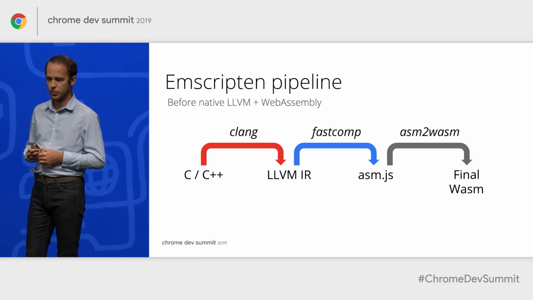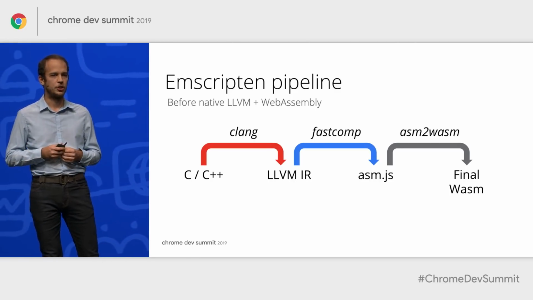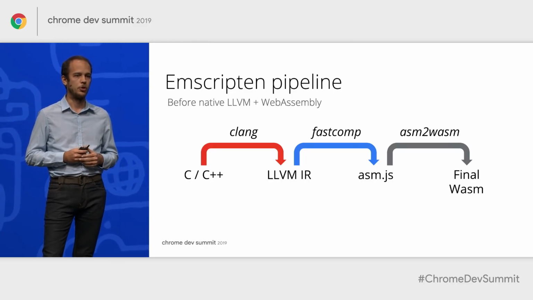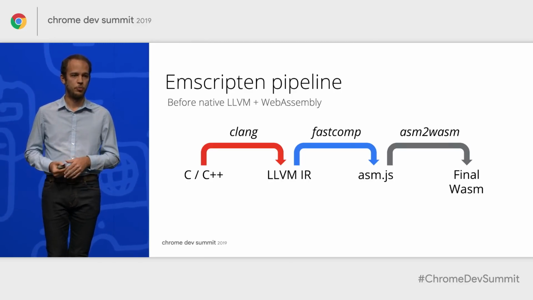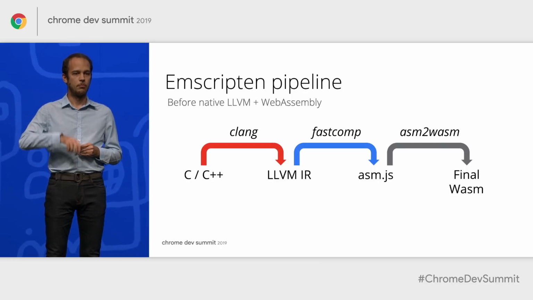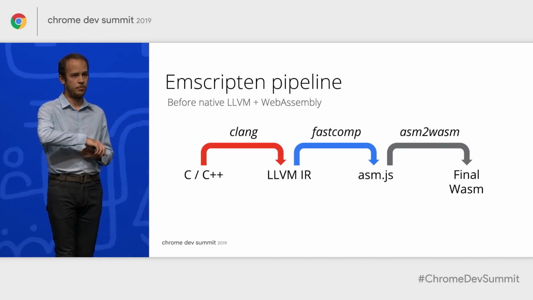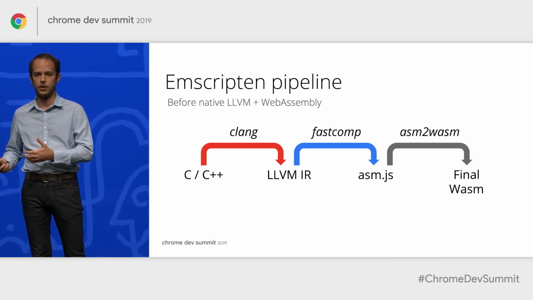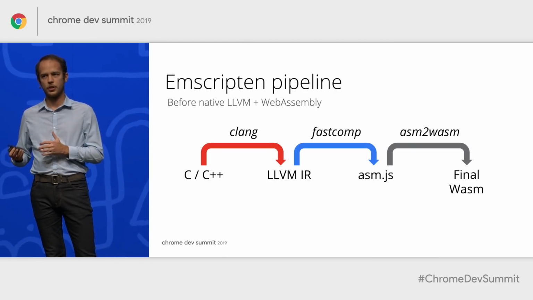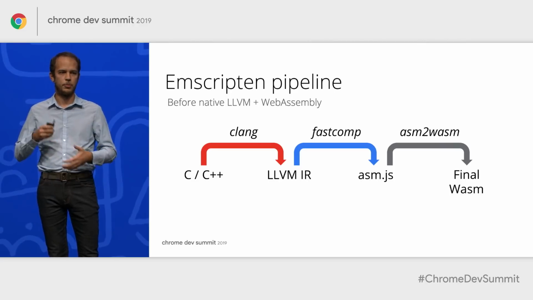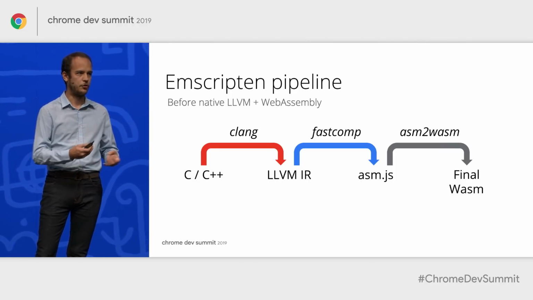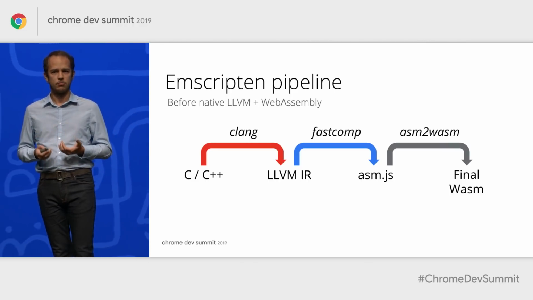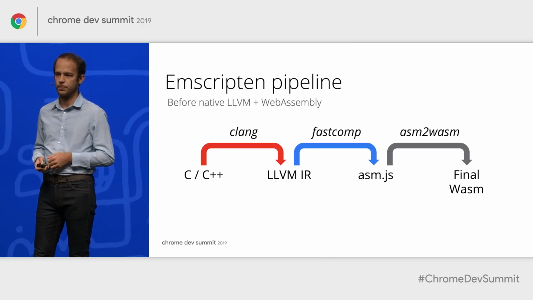Before this, Emscripten had to maintain a complex custom compilation pipeline and a fork of LLVM called fastcomp in order to parse an intermediate representation from Clang, compile it to AsmJS, and when WebAssembly came along, also convert it to WebAssembly. Having to work around LLVM this way led to various incompatibilities in supported features, difficulties during upgrades, and suboptimal compilation performance.